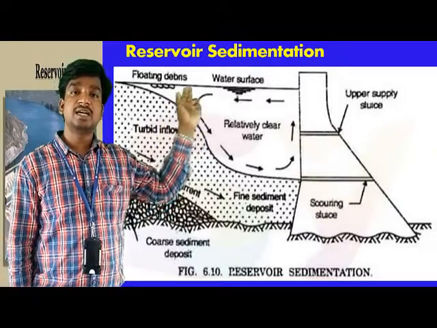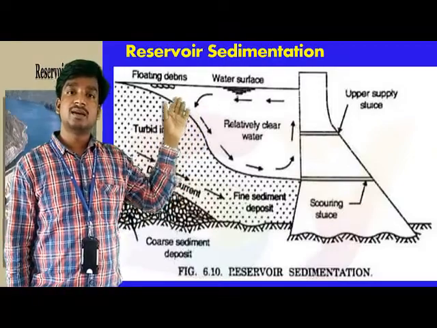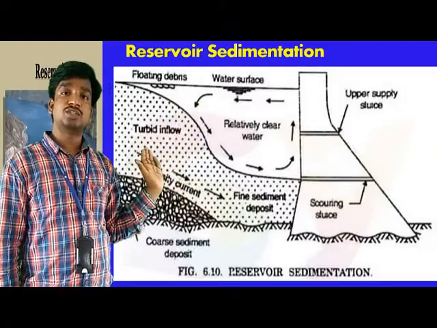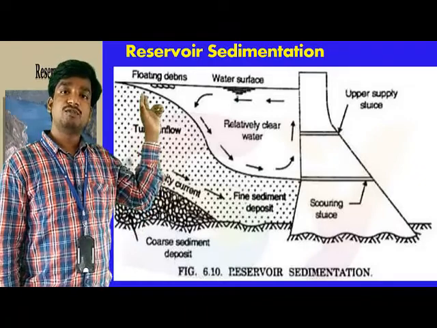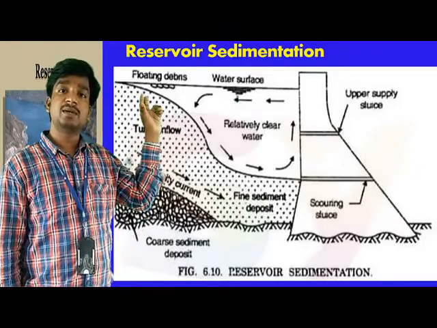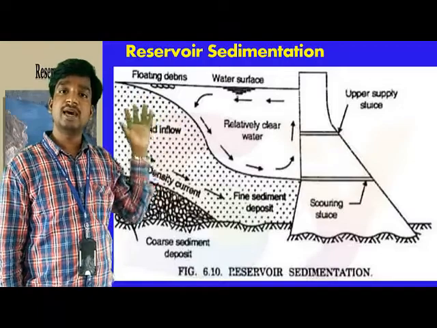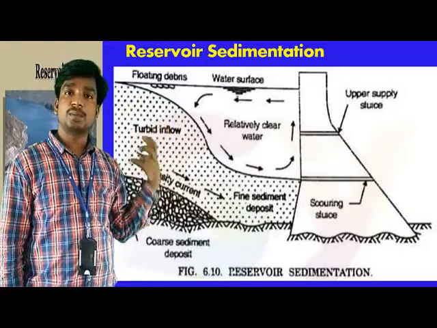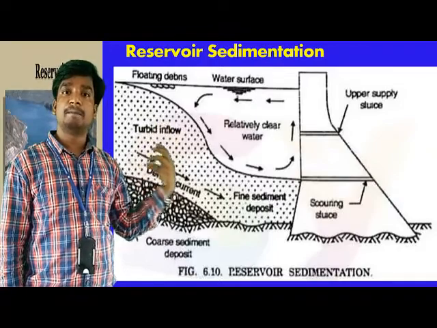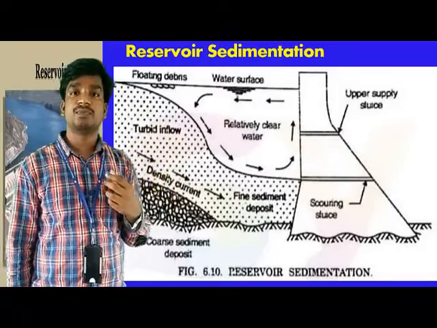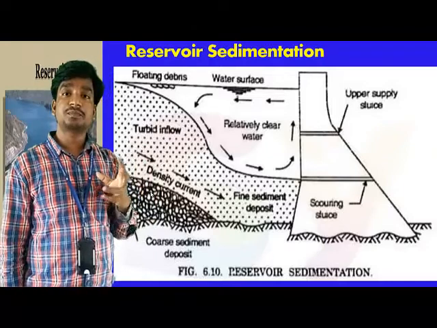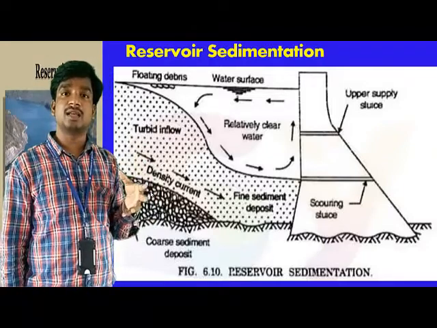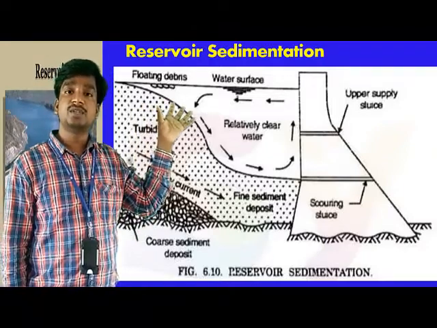One is the sediment deposition, right, it is of two types. One is the finer particles, finer sediment deposition, which is suspended in the water itself, whereas the coarser deposits will be on the bed of the reservoir, right? So here two types of depositions are there. One is fine sediment deposition.